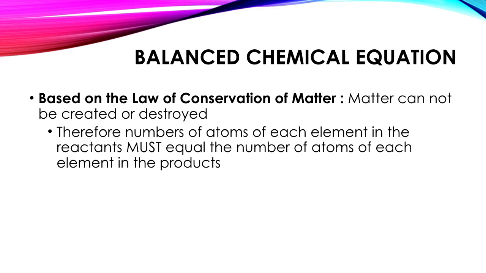I cannot conjure a sodium atom out of thin air. If I'm going to have a sodium atom in my products, I must have a sodium atom in my reactants.